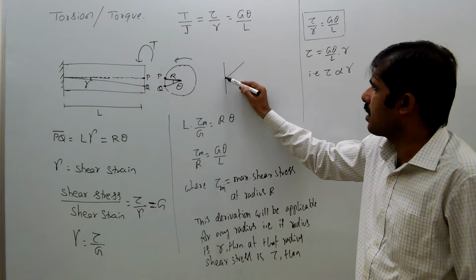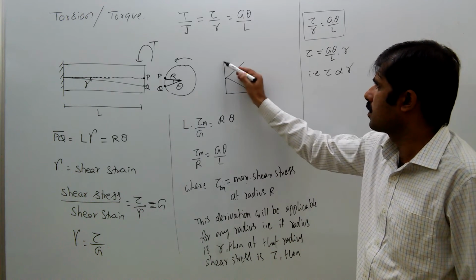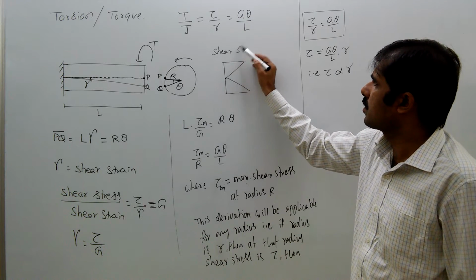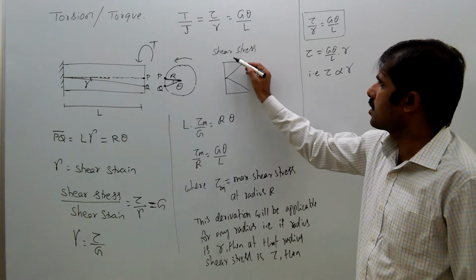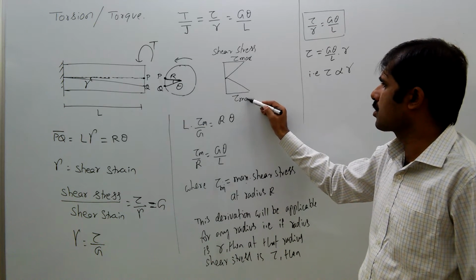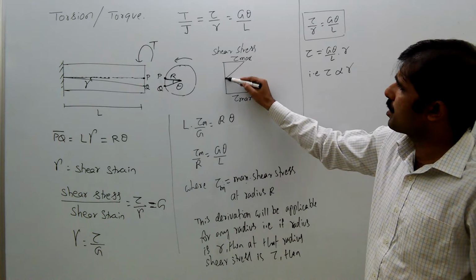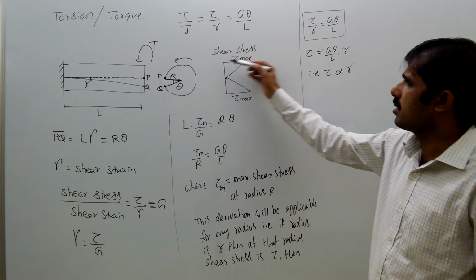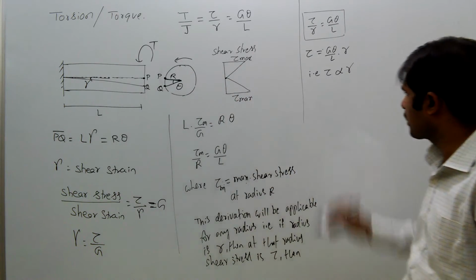This is tau max, and this is also tau max. At the center the shear stress is 0, and at the outer fiber it is maximum, tau max.